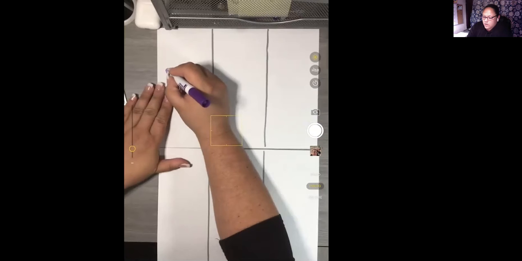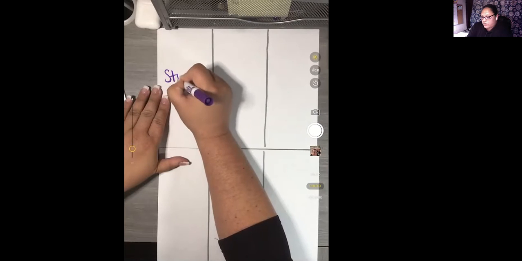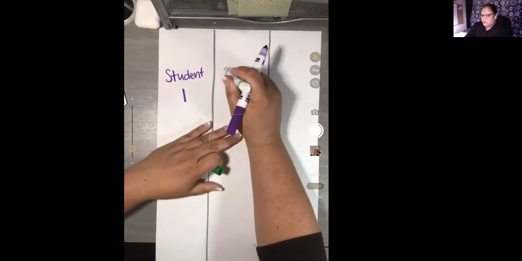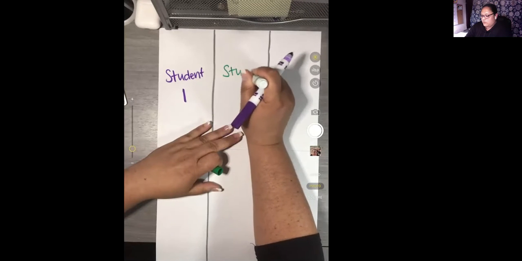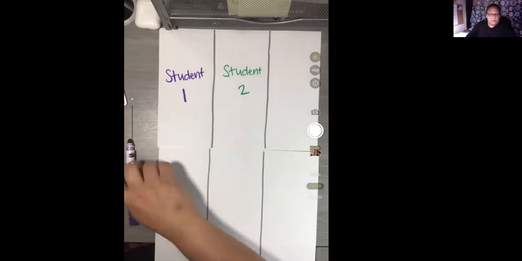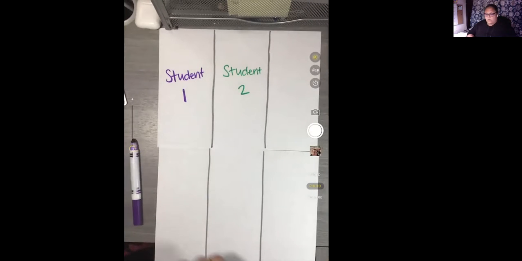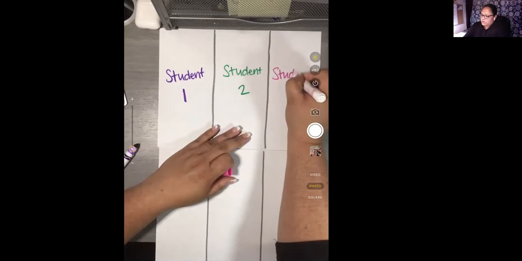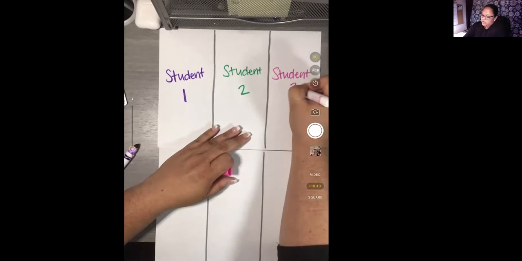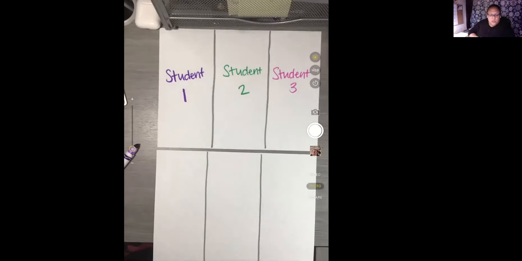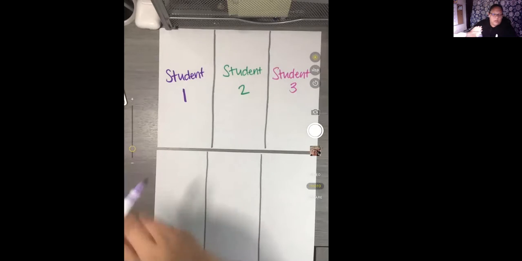So I'm going to put student number 1, student 2, and let's use pink. Student number 3. I'm going to go ahead and do that on the next sheet of paper in just a minute.